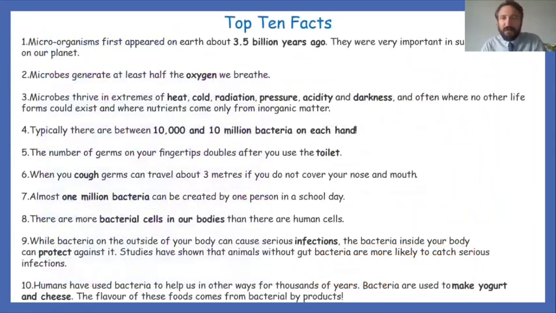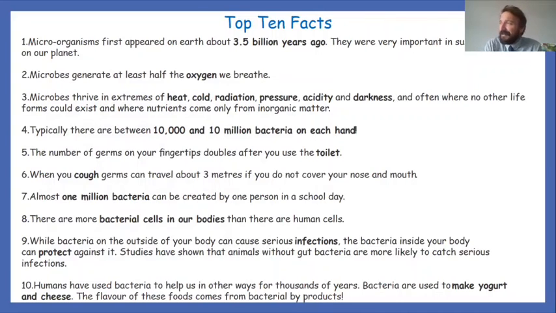Now, this is quite small, and I apologize for that, but the top 10 facts on microorganisms. Some of these are actually quite unbelievable, but let's have a look. Microorganisms first appeared on Earth 3.5 billion years ago. They're very important in sustaining life on our planet. Microbes or microorganisms generate at least half the oxygen we breathe.